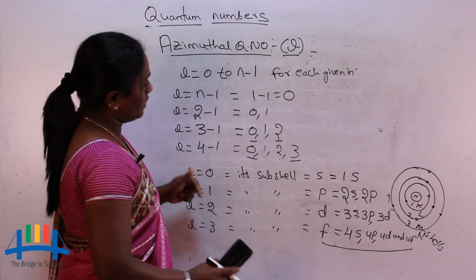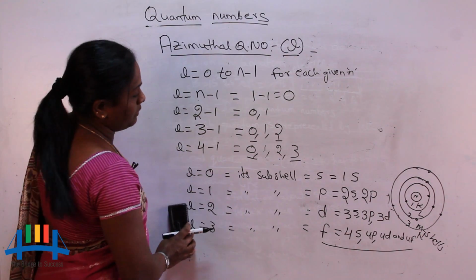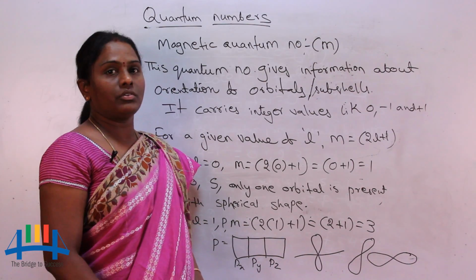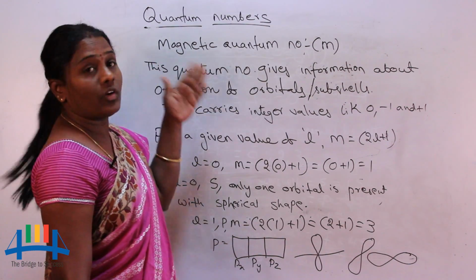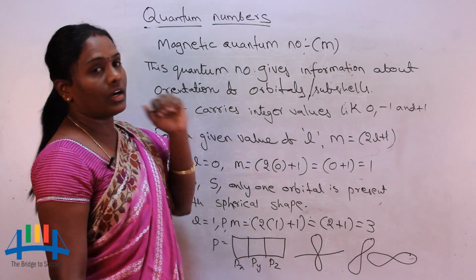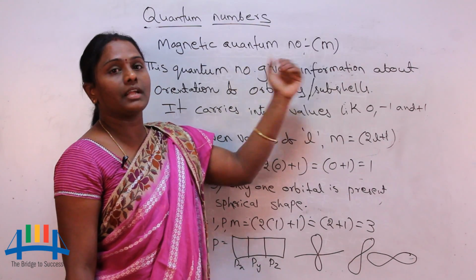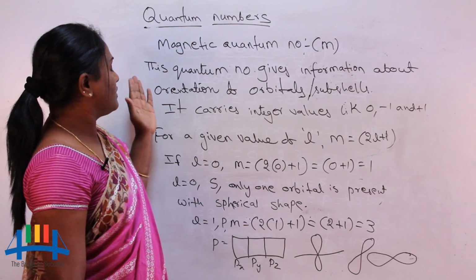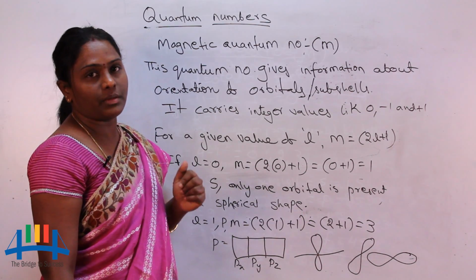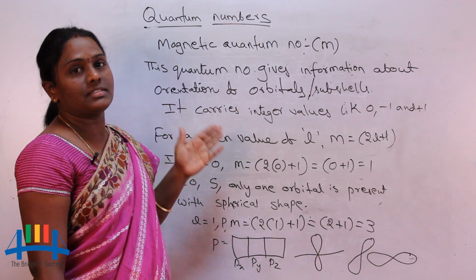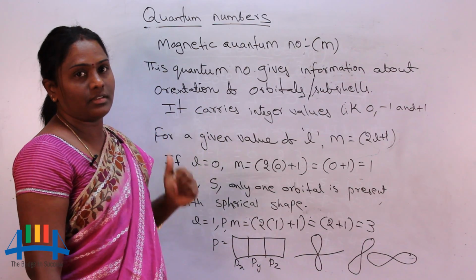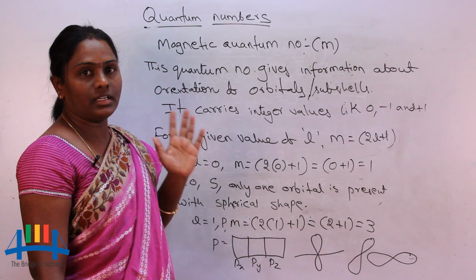Okay, this is about the azimuthal quantum number. We will learn about the third quantum number, that is the magnetic quantum number, represented by the letter m. This mainly gives information about the orientation of subshells in space along the x, y and z axis.